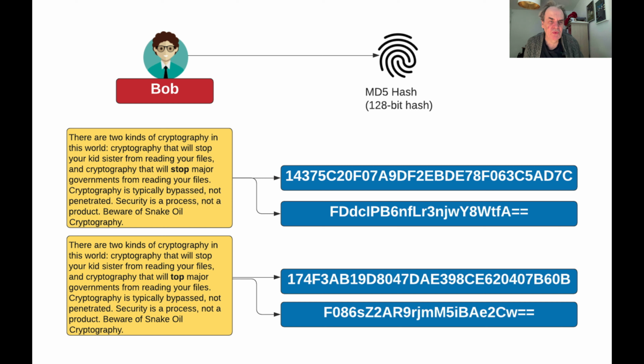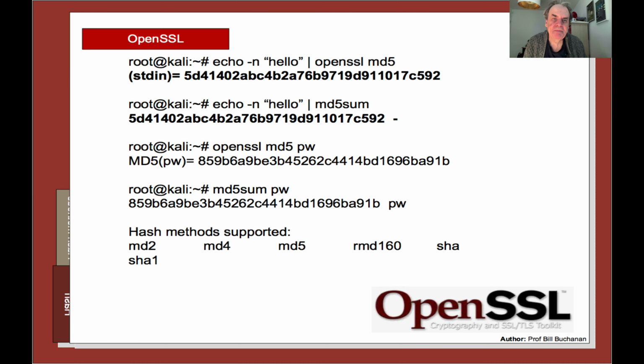Okay, so we can change one word in our input, and we can see here we get a completely different value. Hopefully all of the bits will change on the hash output in some sort of random manner that's not predictable. Okay, so here's an example.